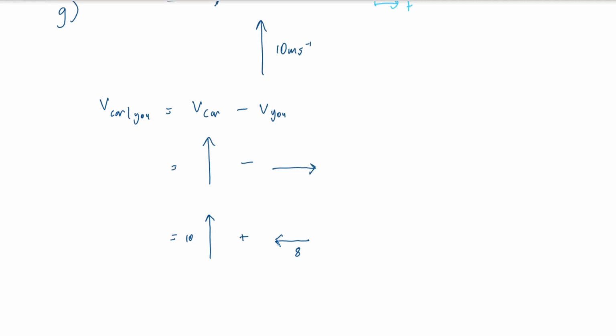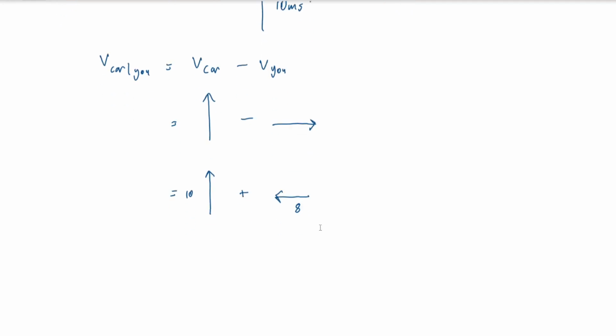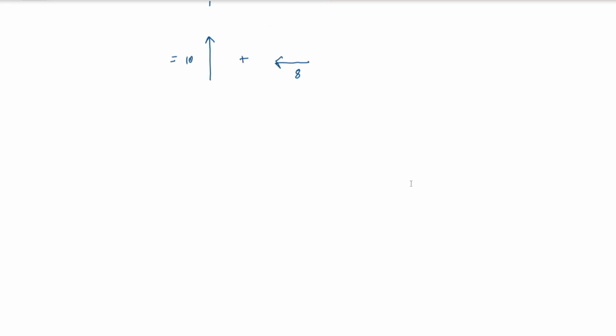And so with that, we know how to perform vector addition. So let's draw our vector diagram. So 10 meters per second upwards and 8 meters per second to the left. The addition of these two vectors will give the resultant vector, right, connecting the tail of your velocity to the head of their velocity.